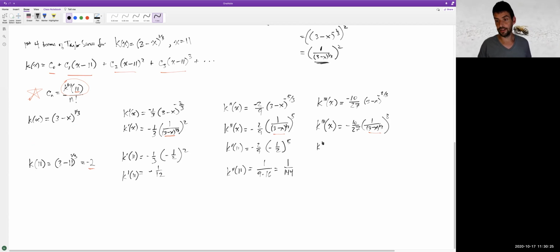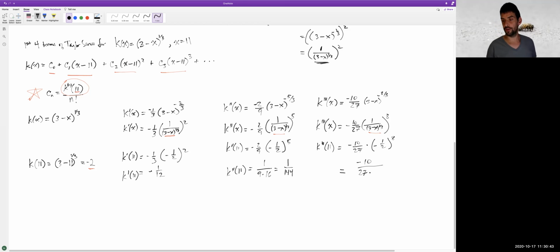All right, and then negative 10 over 27 times negative 1/2 to the 8th. All right, this one's a bit uglier. So we're going to get negative 10. We're going to get a positive from the 8th power, and we'll have 2 to the 8th.